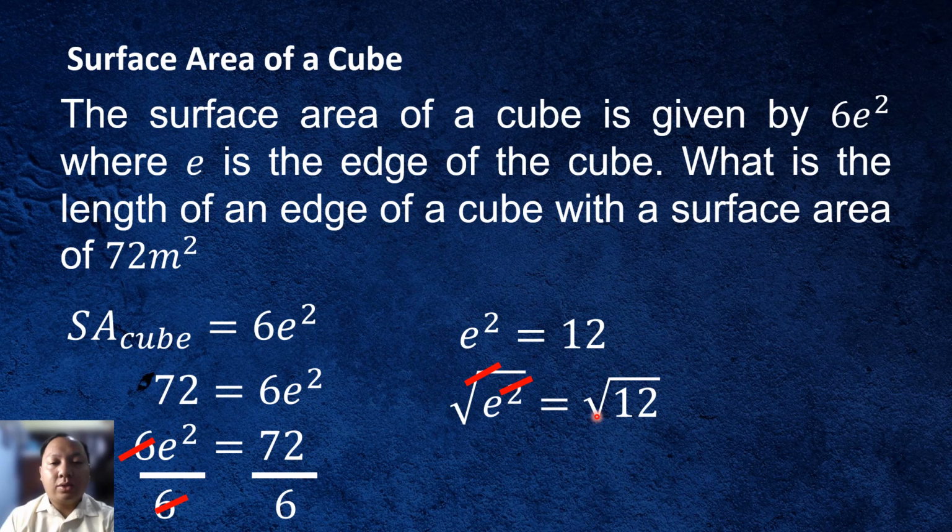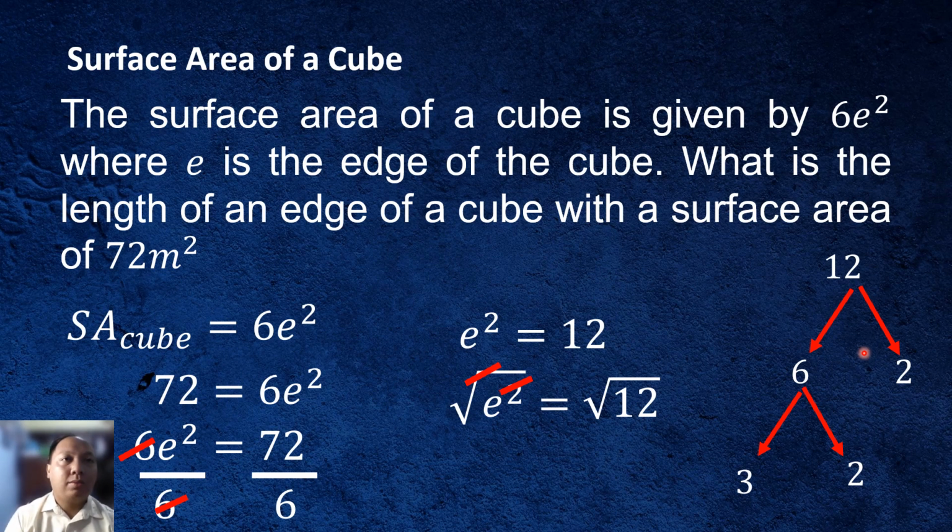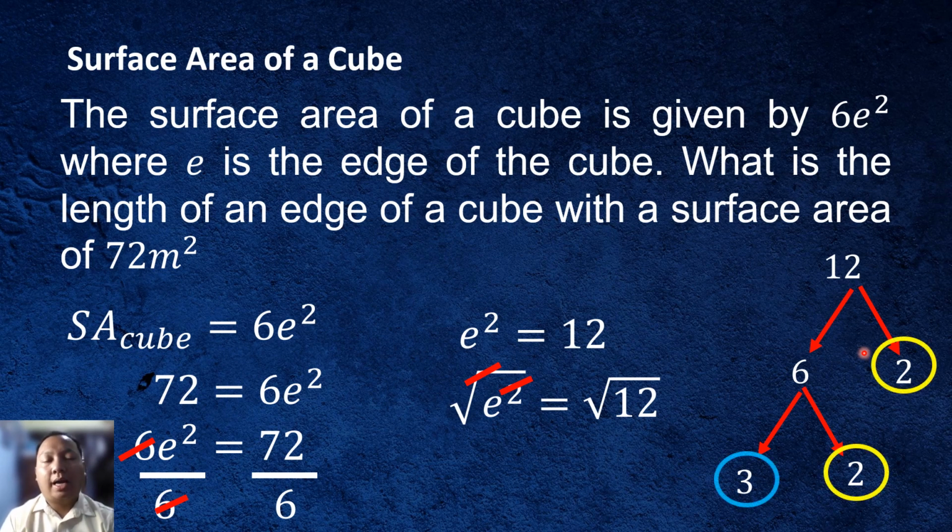Since hindi pa ito nakasimplify, kailangan natin siyang i-factor. Now, 12 is 6 times 2. Pero you may start on 4 times 3. It doesn't matter. Basta tama yung unang dalawang factor. Now, si 2 ay prime number na. So, ipa-factor natin si 6 as 3 times 2. Ang logic lang niyan, class, is meron kayong dalawang 2 at isang 3, no matter which pairs of factors you've started with.